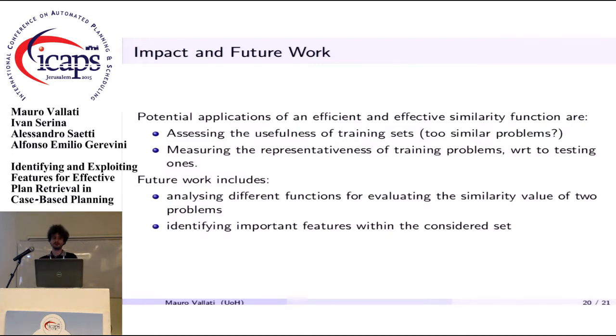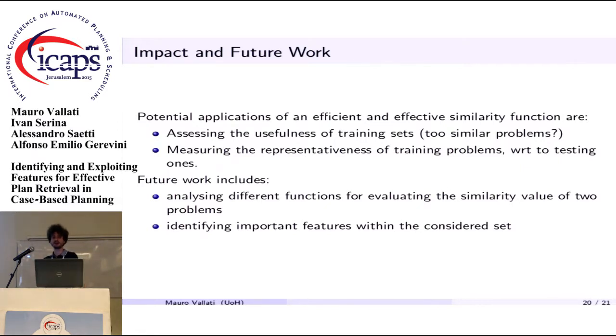So usually, in learning for planning, what you are doing is you generate a set of training problems. You extract knowledge offline from these problems, and then you run it online. But if a training set includes problems which are too similar, this might lead to overfitting, for instance, and this is something that you can avoid by checking their similarity.